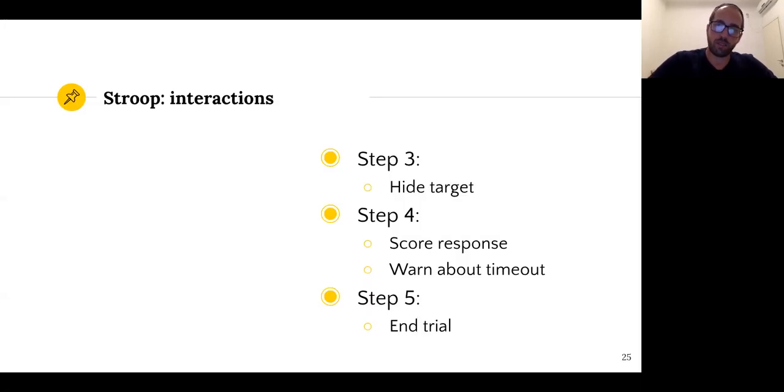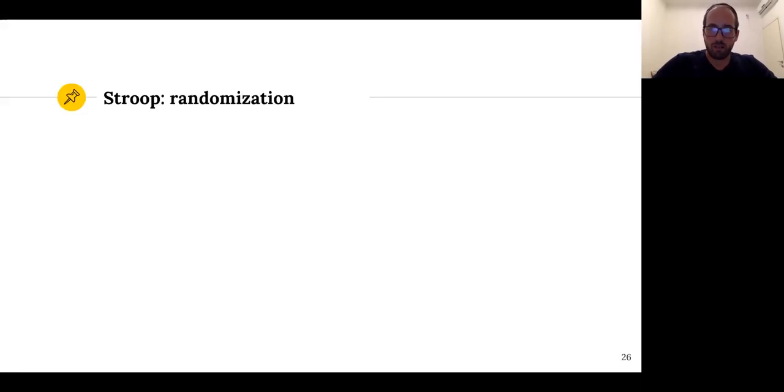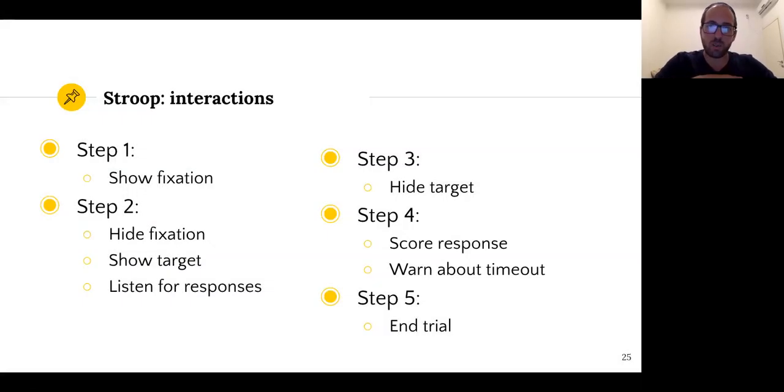So, okay, I have a problem with my animations, so we'll just put it all out like this. This is how a single Stroop trial works. At the beginning, we want to show a fixation.